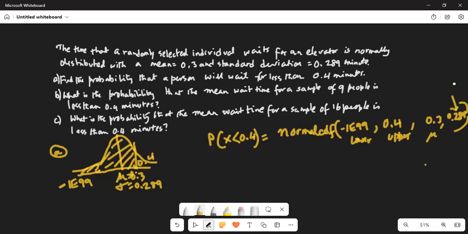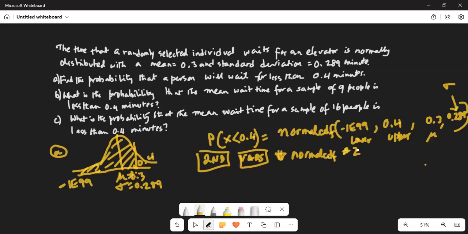How do I get to normal CDF? I press the second key, then the VARS key, and scroll down to normal CDF, which is number 2. Then type in the lower, upper, the mean and the standard deviation.